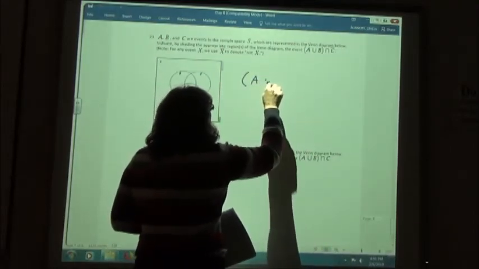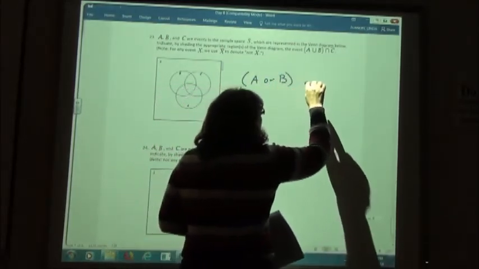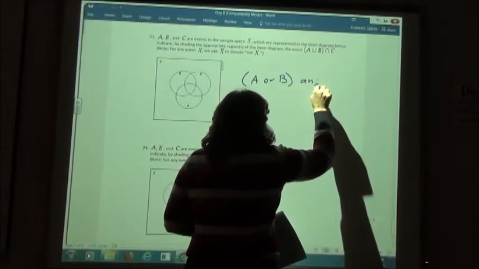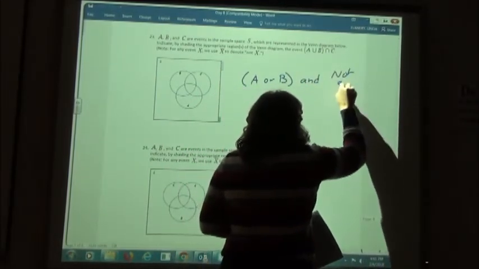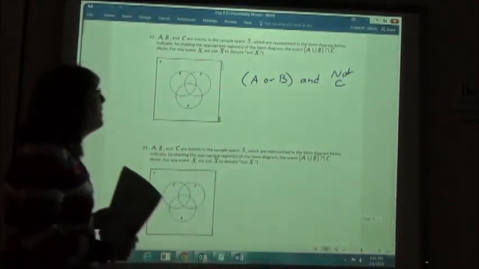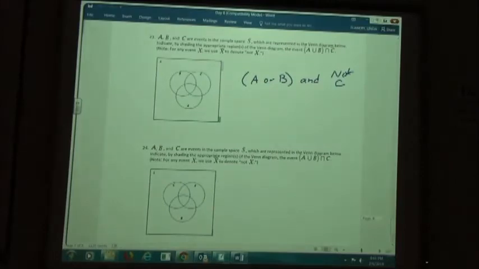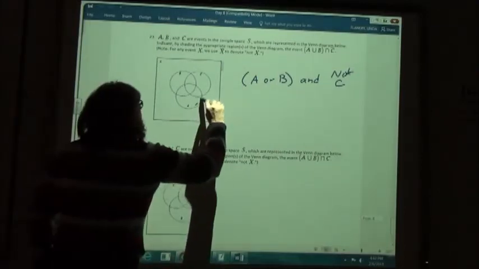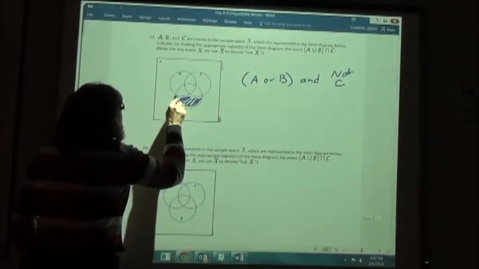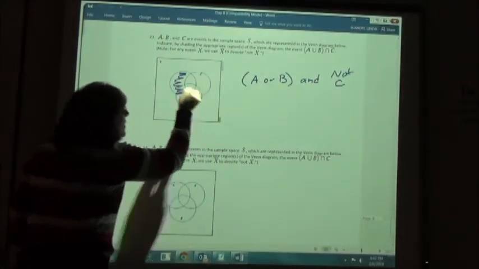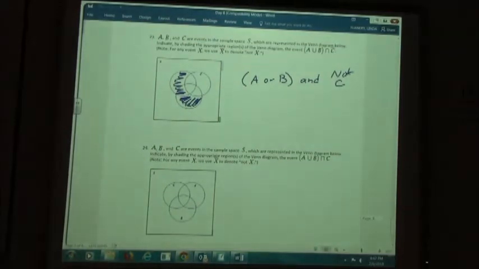We are going to do A or B, and then we have the intersection symbol, so and, not C. So A or B means we could shade all of A or all of B, but and the not C. So if I'm going to shade A or B but not the C, where would I shade? I'm going to shade here for my A and here for my B, and I'm not going to hit that C circle at all, right?